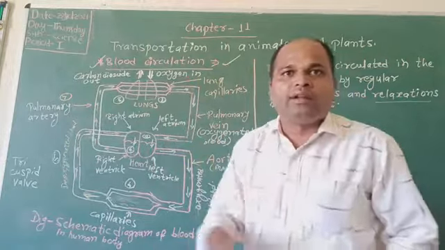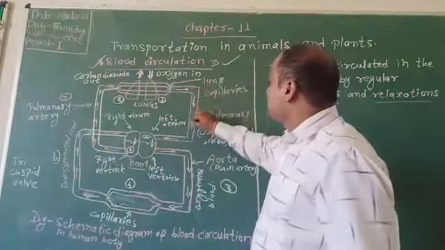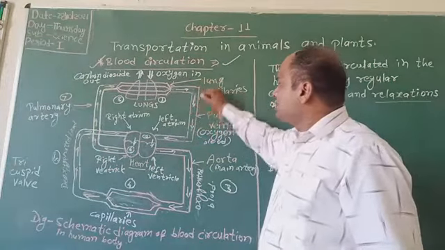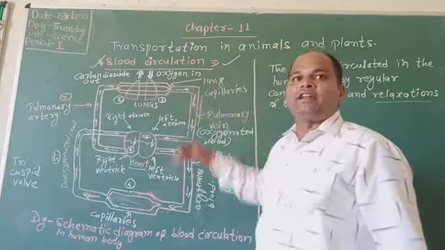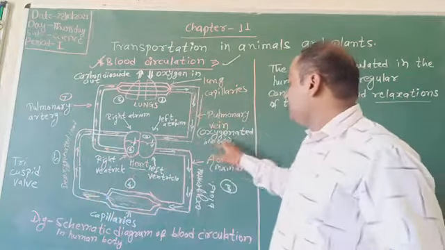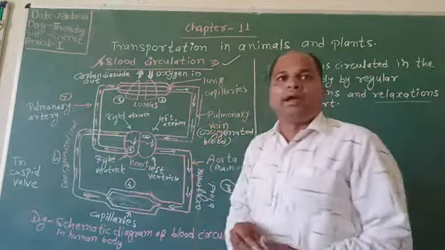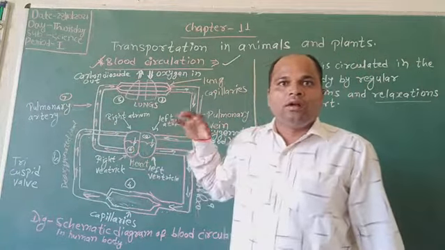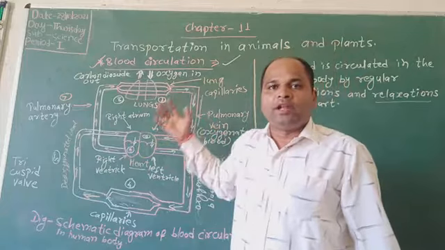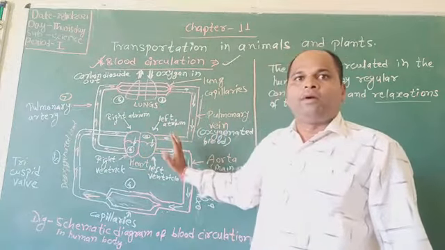So students, the pulmonary vein. This is the capillary and this is the pulmonary vein. The pulmonary vein brings the oxygenated blood from the lungs into the left atrium of the heart.